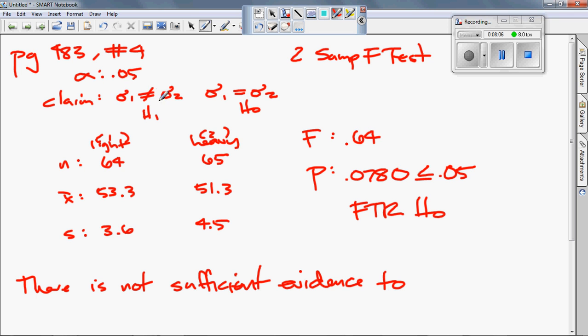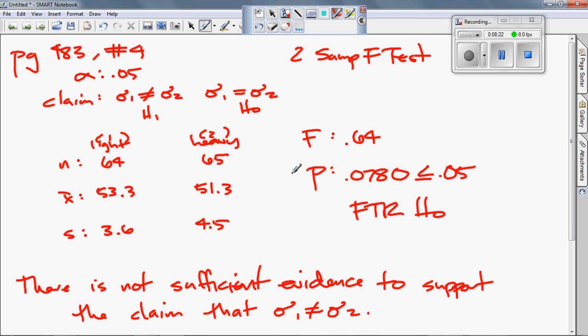Our original claim is the alternative hypothesis, so we're going to write support the claim that, and restate the original claim: sigma 1 does not equal sigma 2. And again, we are not finding the critical value. We're just using the p-value method for this section.